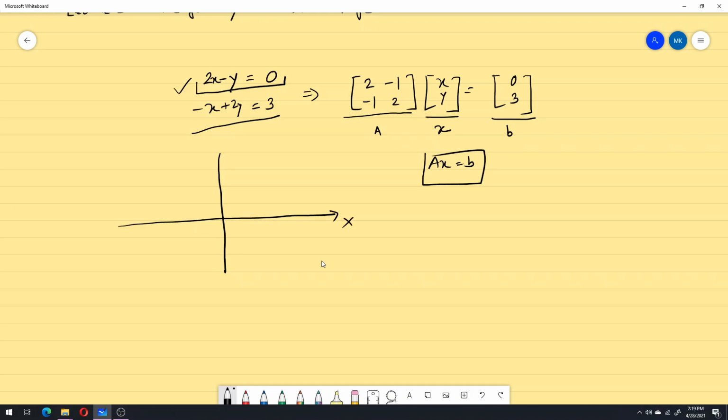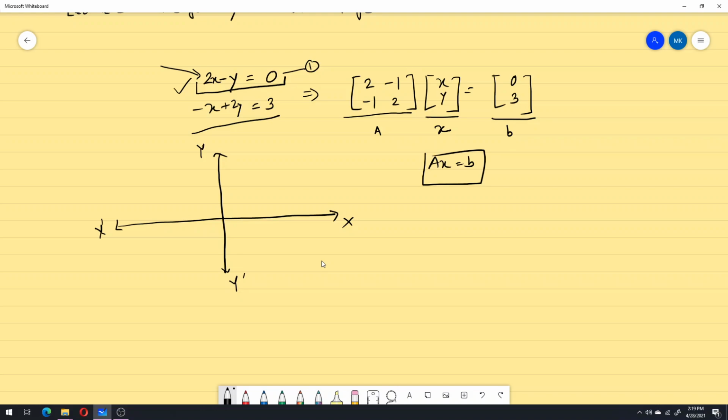So let's say you have a 2D coordinate system, and you want to draw this first equation here. Now, how do you draw it?